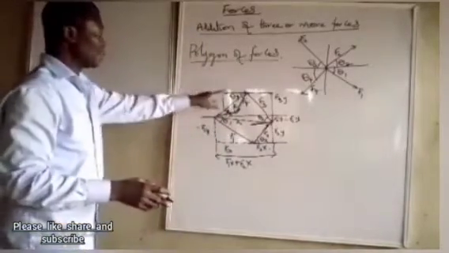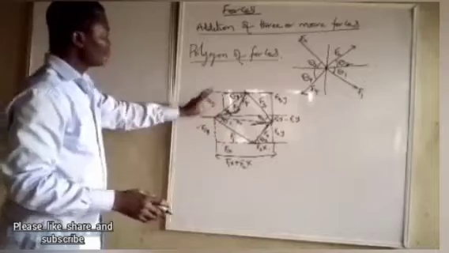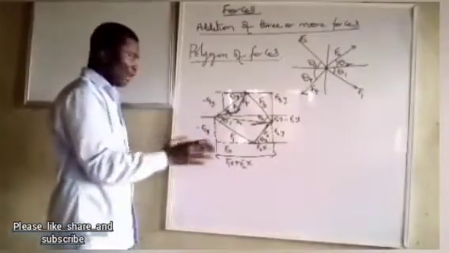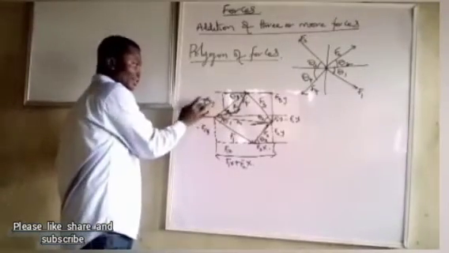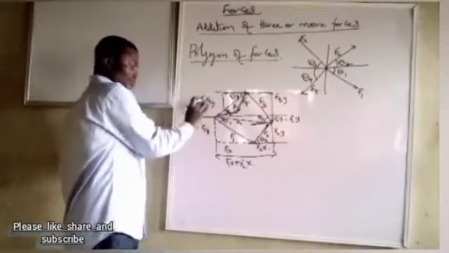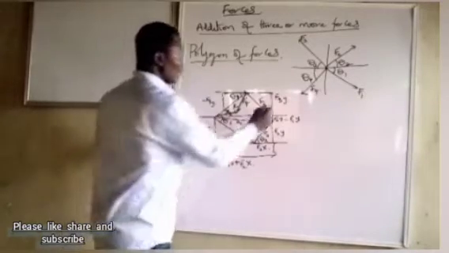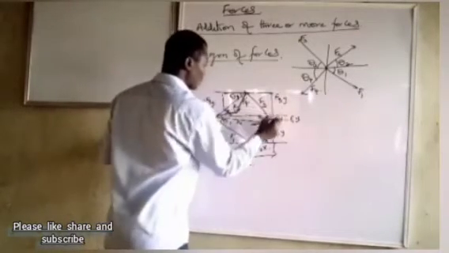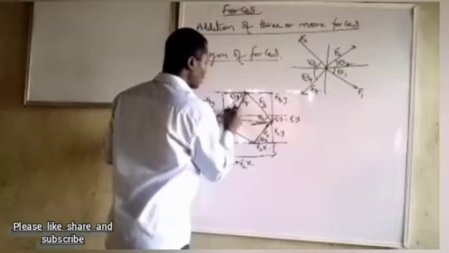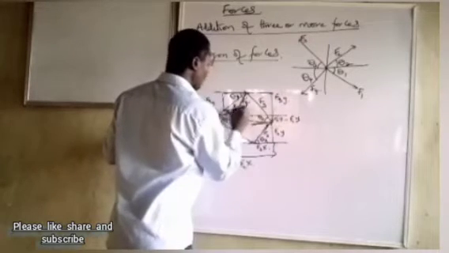I just put in this sign for you to know the direction. Normally, I would have written F4y, but I'm just using this sign to show the direction. So it's negative. Look at this one now. F3y minus F4y. You can see how everything ends.